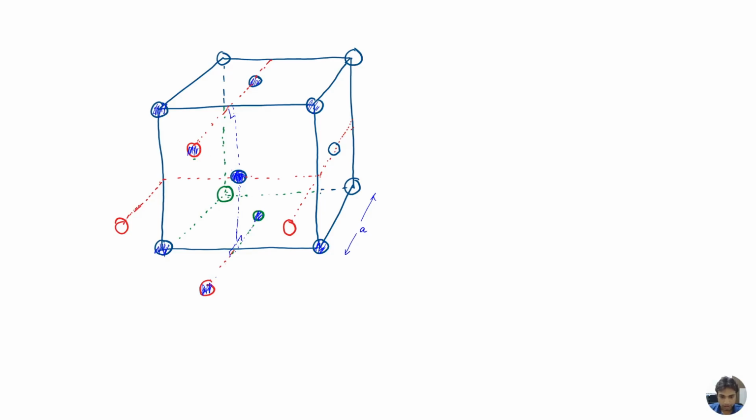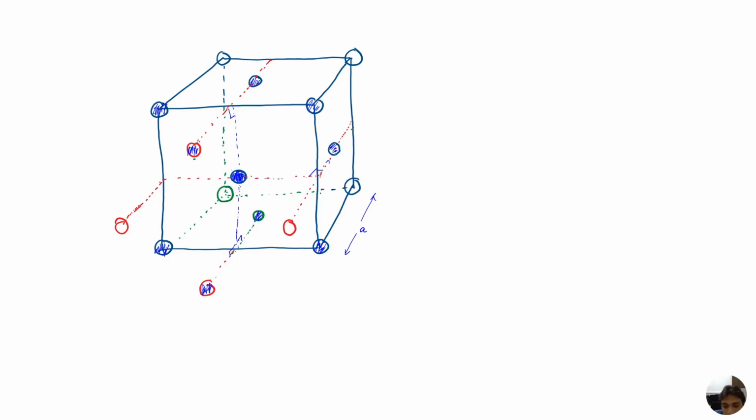Now again we are taking this as the origin, and it is on the screen. Now you go left on the screen, and then go into the screen a distance a by 2. So you will reach this particular lattice point. Is this clear?